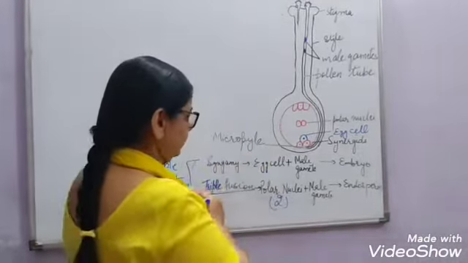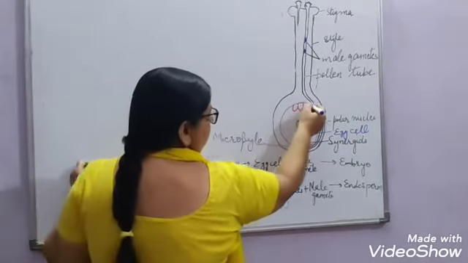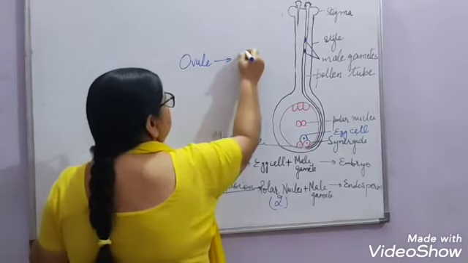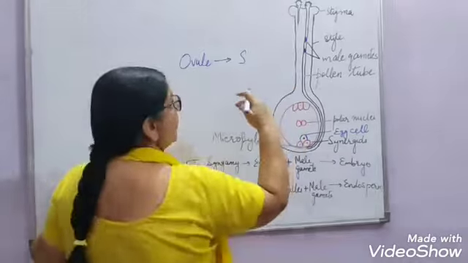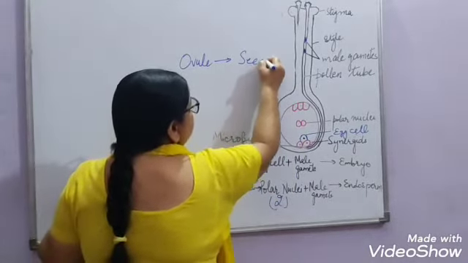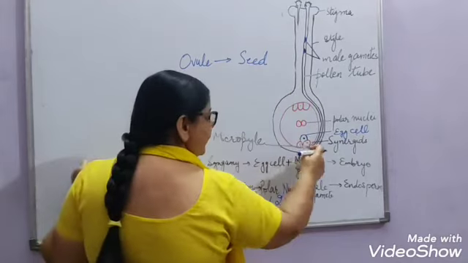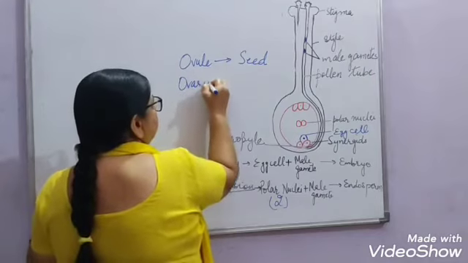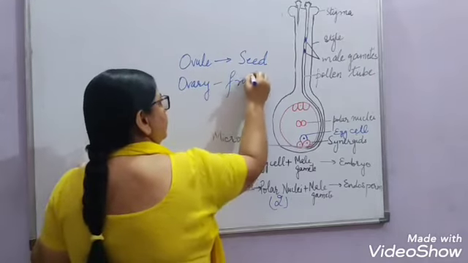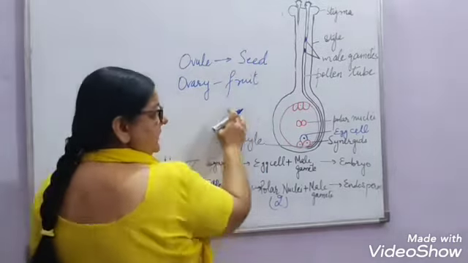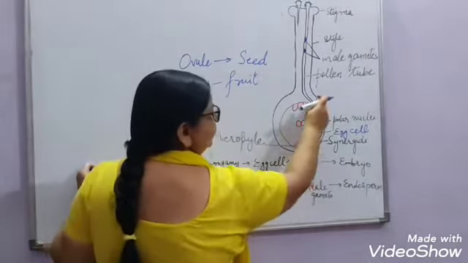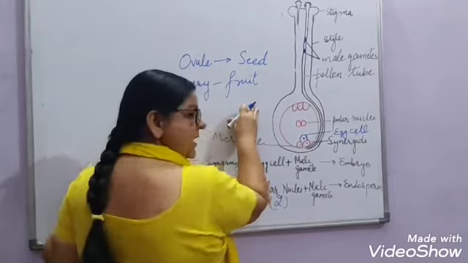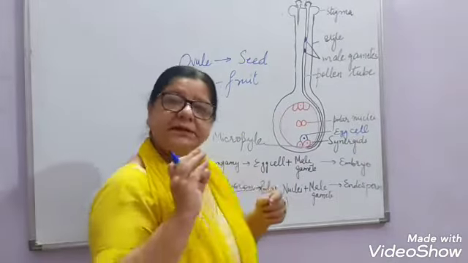And this ovule will develop a hard coating around it, and this will form the seed. And this ovary will ripen and will form the fruit. You know, seed is always present inside the fruit. So this ovary will be ripe and will form the fruit.